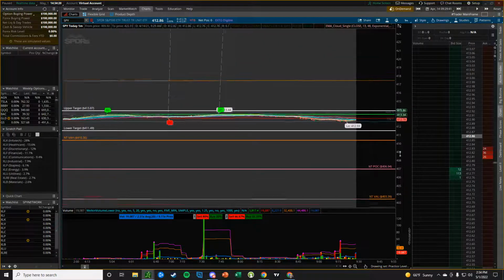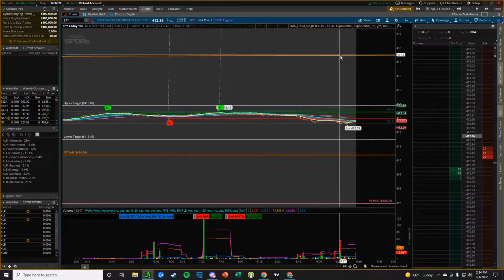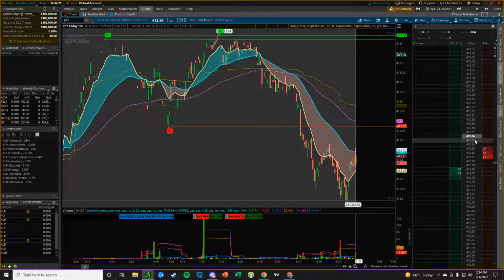There we go. All right, no more? Okay, good. Oh, and there's that trend line I was talking about. But that's super far away.